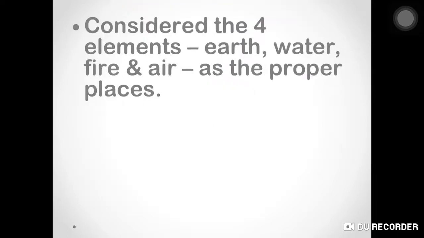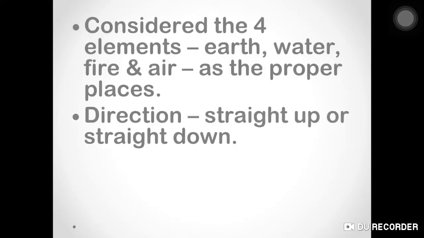So, we consider the four elements. The four elements are earth, water, fire, and air as the proper places here in the universe. Of course, I told you a while back that the direction of this natural motion is straight up or straight down.